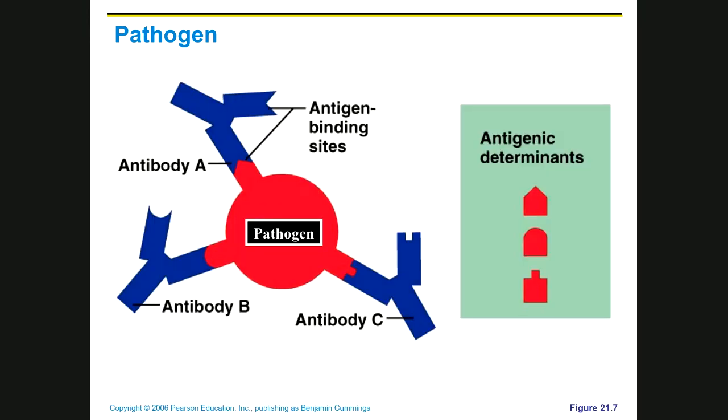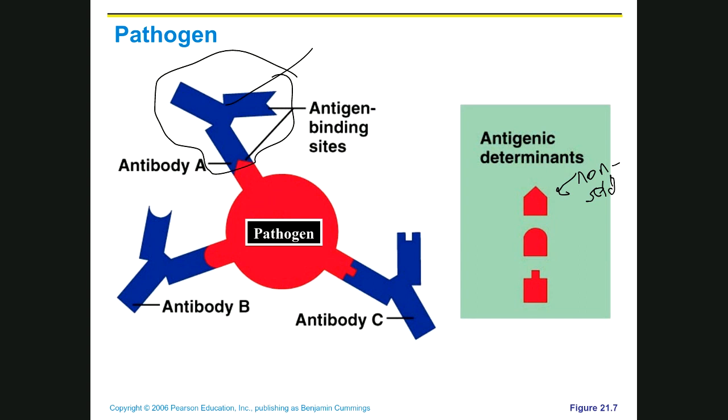Look, this whole thing, the red thing, is a pathogen. But there are different shapes sticking out off of this pathogen. Here's a shape over here, and here's a shape. If these shapes are foreign to the body, in other words, they don't exist in the body and they're non-self, they're not part of you, then we can create an antibody against them.